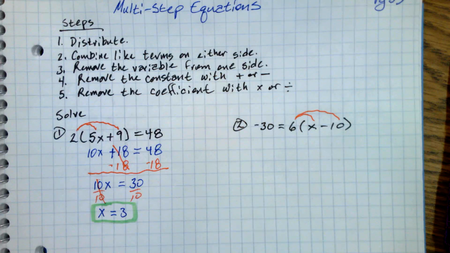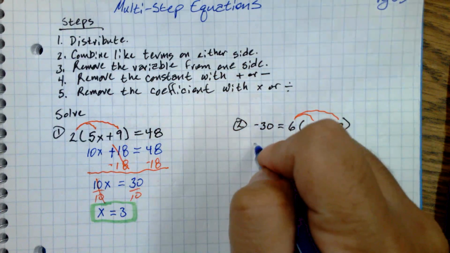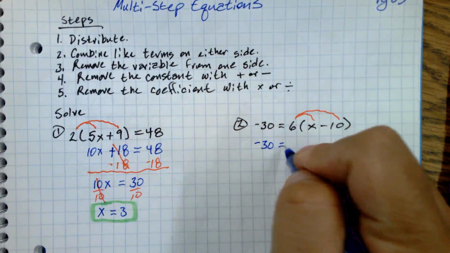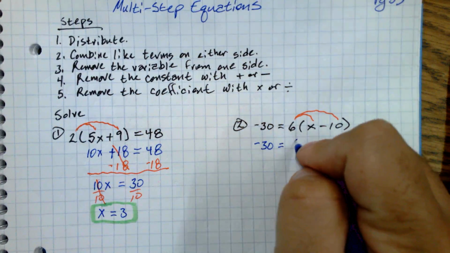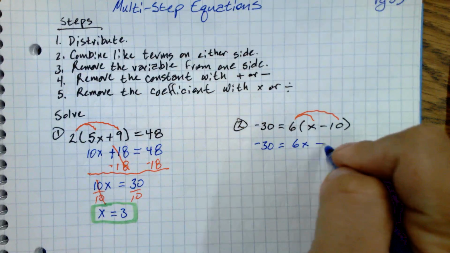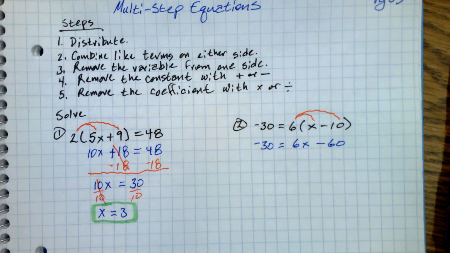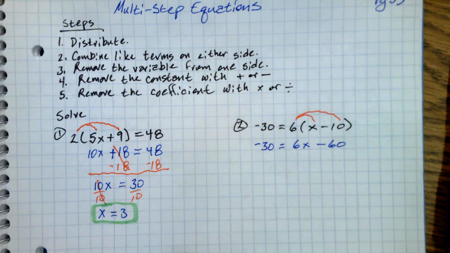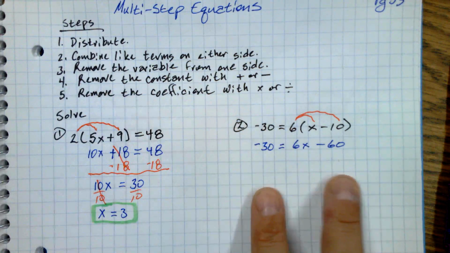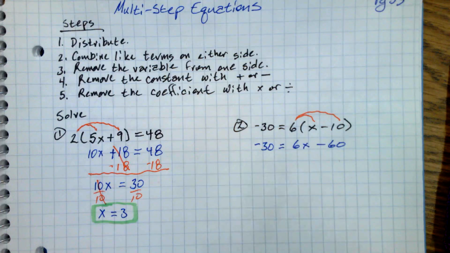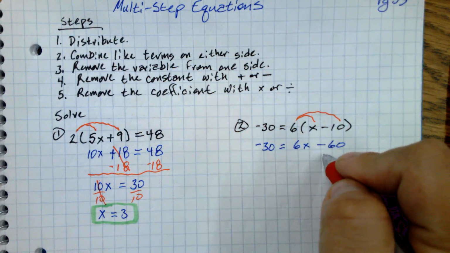Let's do that now. So negative 30 is 6x minus 60. And at this point, since we don't have variables on both sides, we don't have to combine on this one. We'll just add 60.